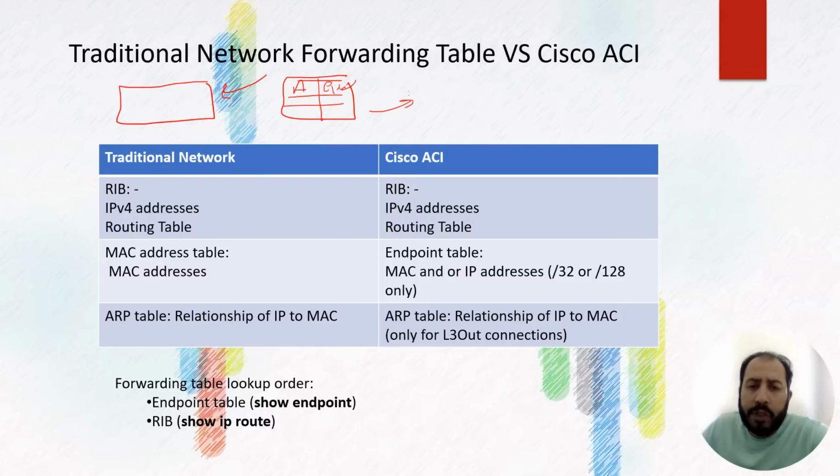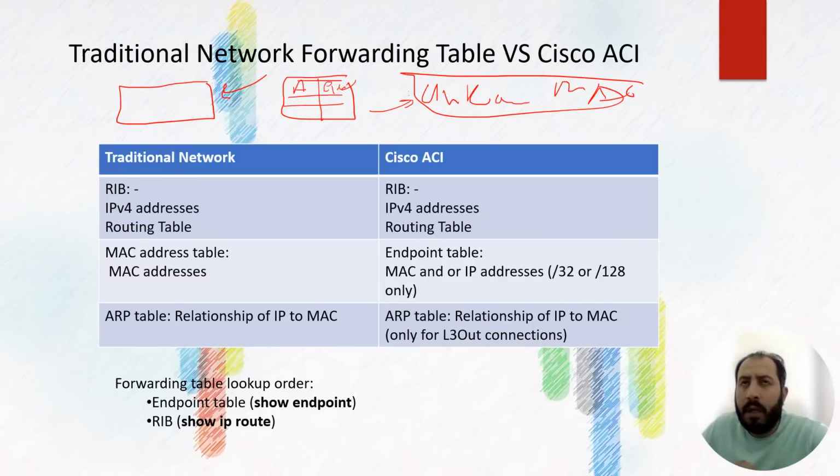Whenever the switch receives an unknown MAC address, it will flood the traffic throughout all the connected interfaces, hoping that the concerned destination will respond with its MAC address, hence populating the MAC address table with the destination and establishing the connectivity. Okay, that's when it comes to layer 2.